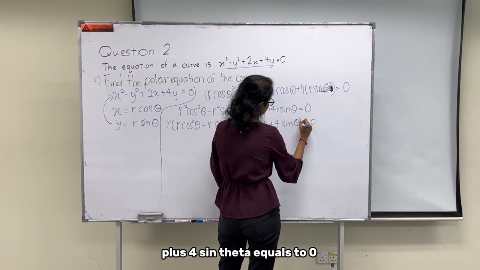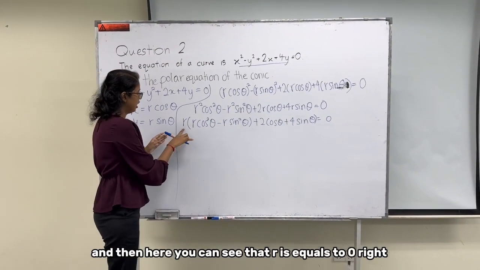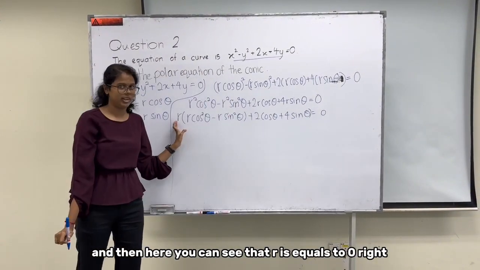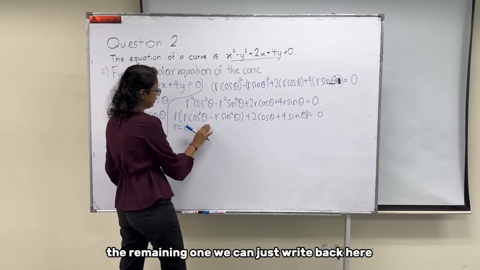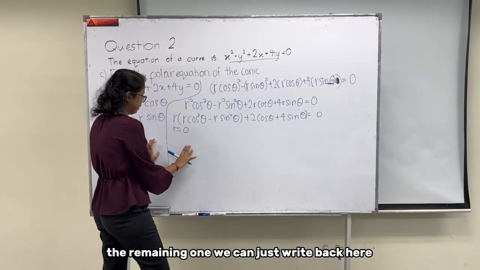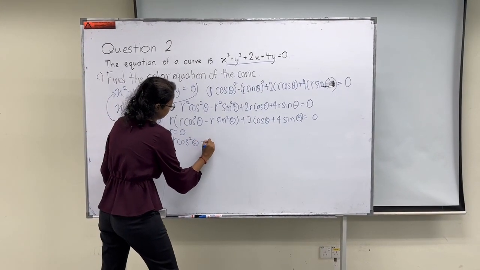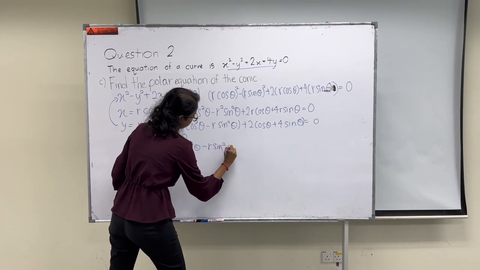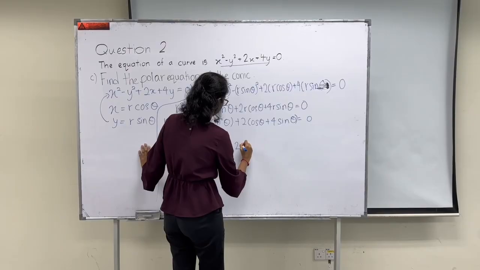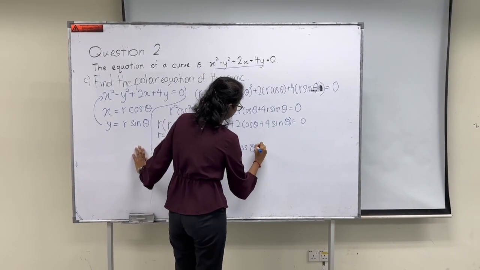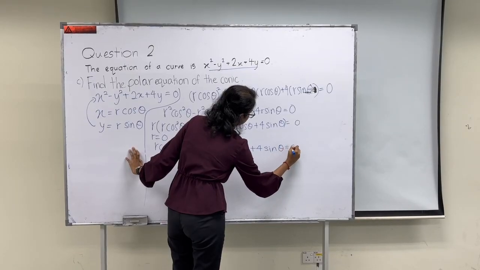So we are left with r times minus r sine square theta plus 2 cos theta plus 4 sine theta equals to 0.